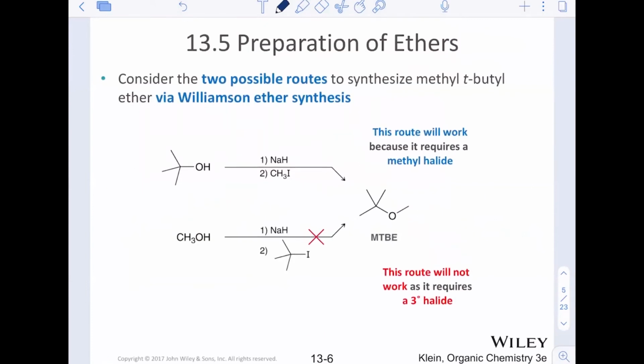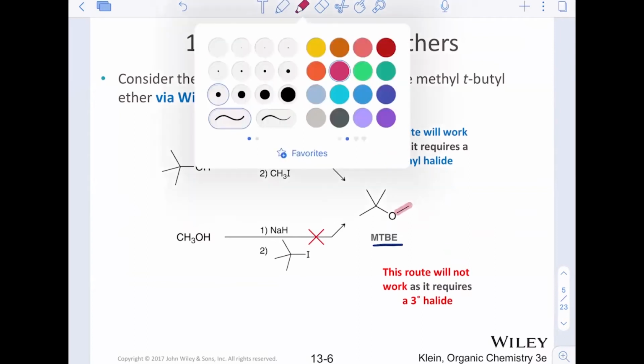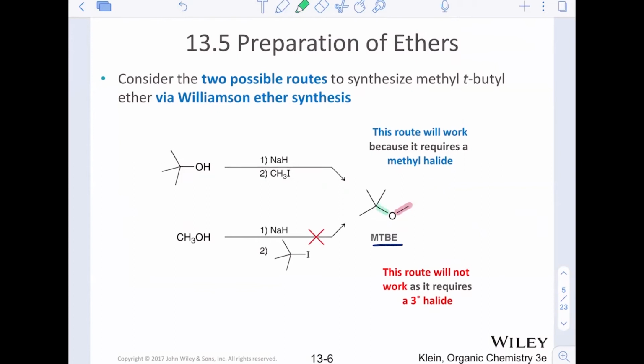So if we're trying to think about how to create a specific ether here, MTBE is our design, our methyl t-butyl ether, just being able to say, how do I make that ether? What we have to be able to think about is one side has to become the alkyl halide and the other side has to become our nucleophile.